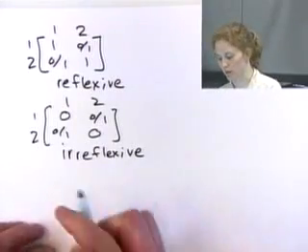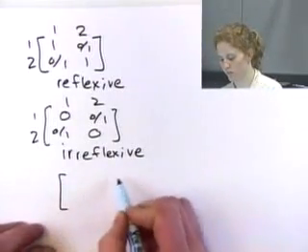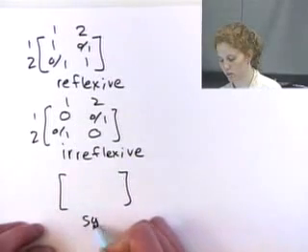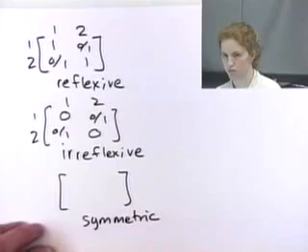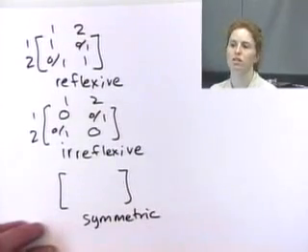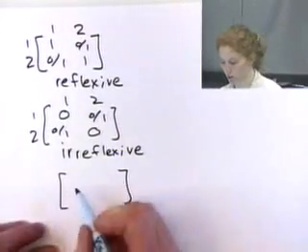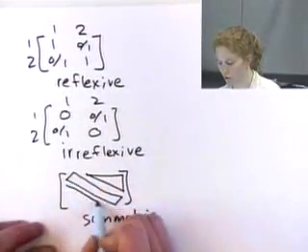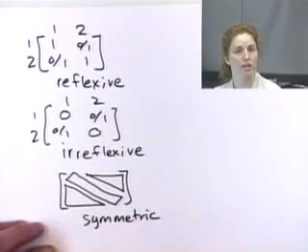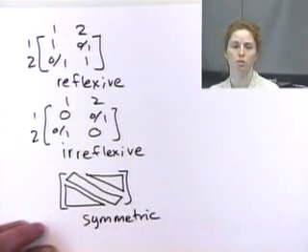So what does a symmetric matrix look like? It doesn't matter as long as the top triangle looks like the bottom triangle. So I have 3 parts to a matrix: a diagonal, upper triangle, and lower triangle. When I talk about the diagonal, I'm always talking about the one that goes from the top left to the bottom right. That's the major diagonal.